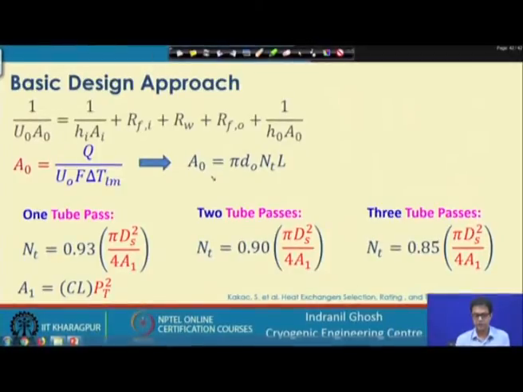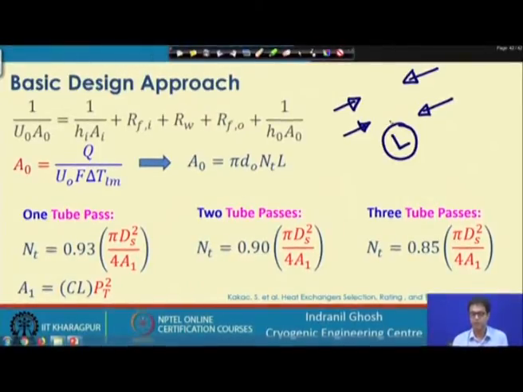That means, first of all we have been given the inlet condition of the fluid, and the inlet and exit temperatures of both the fluid streams are known. What is not known is the overall length of the exchanger and other details: how many tubes, what is the diameter, what is the shell diameter, etc. So, what we first try to do is make a rough estimate of the overall length and the heat transfer area.